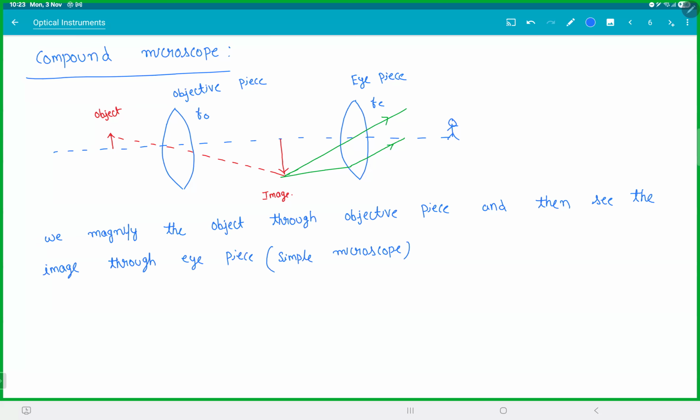Then the total magnifying power will be the linear magnification of the objective into the angular magnification of the eyepiece. Understand, the objective will create a real image and the eyepiece will create a virtual image.